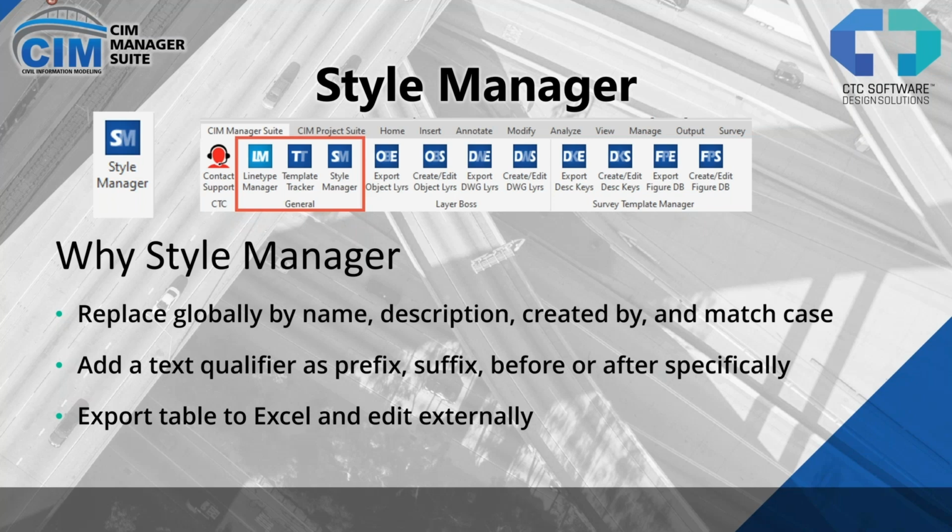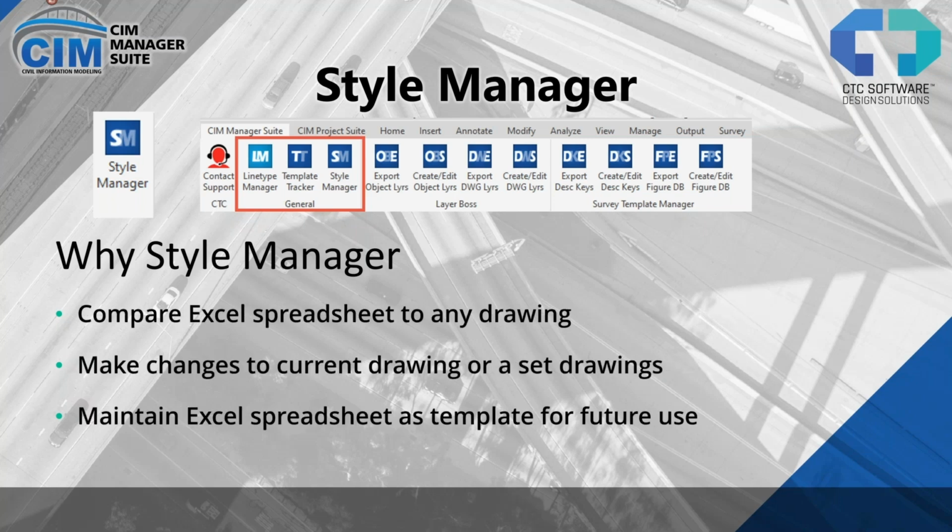And then we can export to an Excel spreadsheet and edit them externally, which we can then take and compare to any drawing. You can pick and choose the drawings. You can do it right in your drawing. And we can make the changes to current drawings or a set of drawings. And we can maintain that Excel spreadsheet as a template, which we can use to compare things in the future.